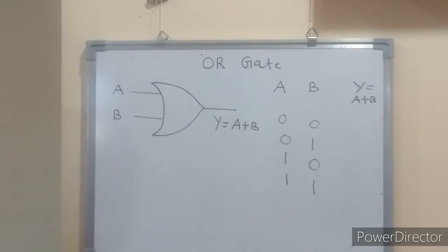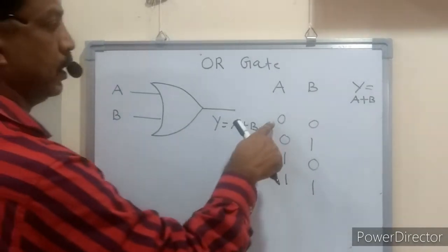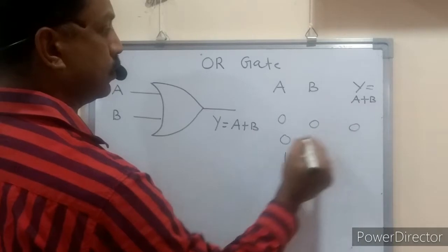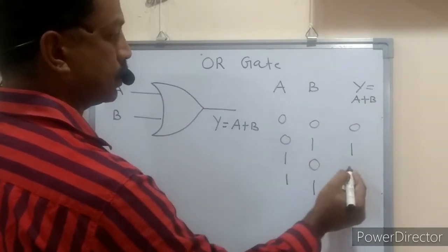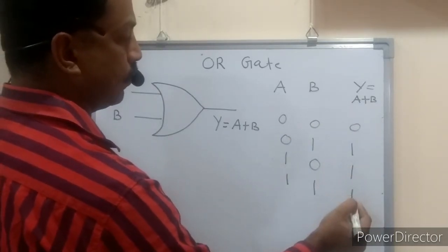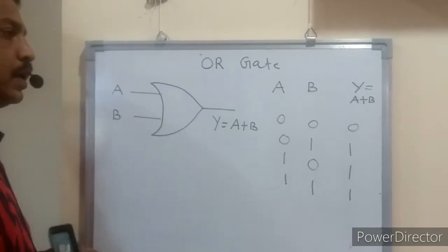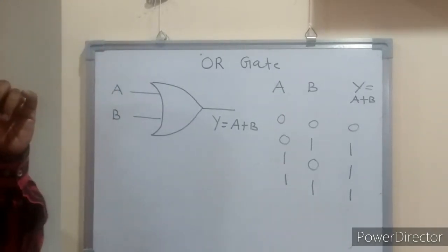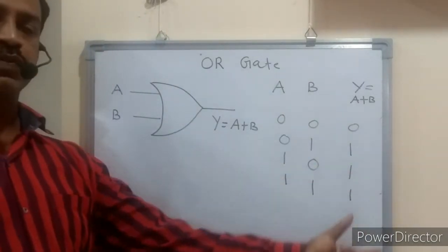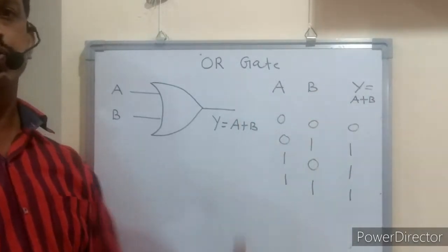So 0 plus 0 is 0, 0 plus 1 is 1, 1 plus 0 is 1, 1 plus 1 is 1. So for the OR gate, if any one input is 1, the output is 1. If both the inputs are 0, the output is 0.